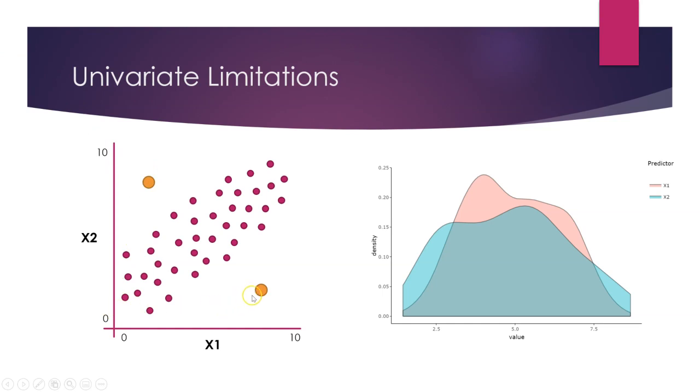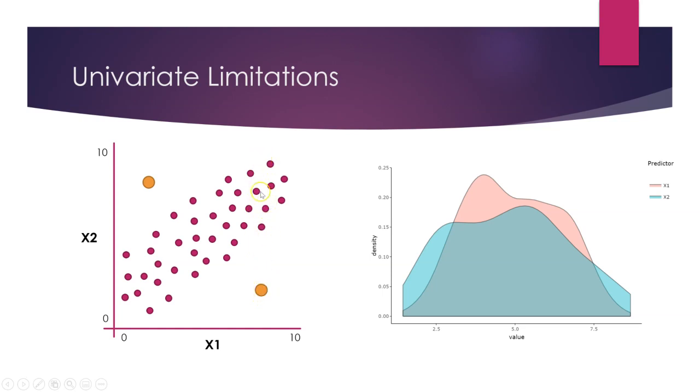Now, using univariate analysis for outliers, you're not going to be able to detect either of these orange points as problematic, because if you're only looking at one variable at a time, for instance, this point's x1 value is 7 or 8, and that's perfectly in range.